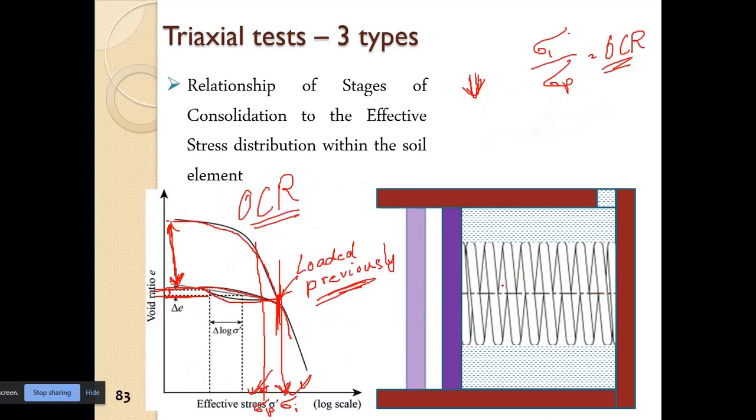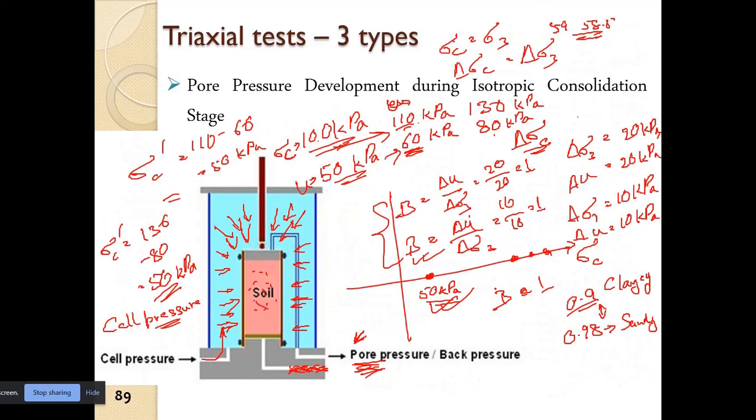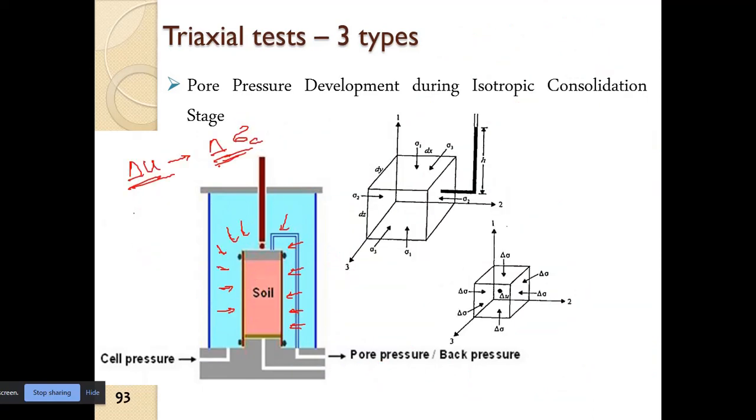So when we release the sigma 3 load, the delta sigma c load, the cell pressure, the soil will have got consolidated. So the entire amount will not be reverted back. The soil will get consolidated, and that amount will be stored in the soil. The soil will remember that stress history.